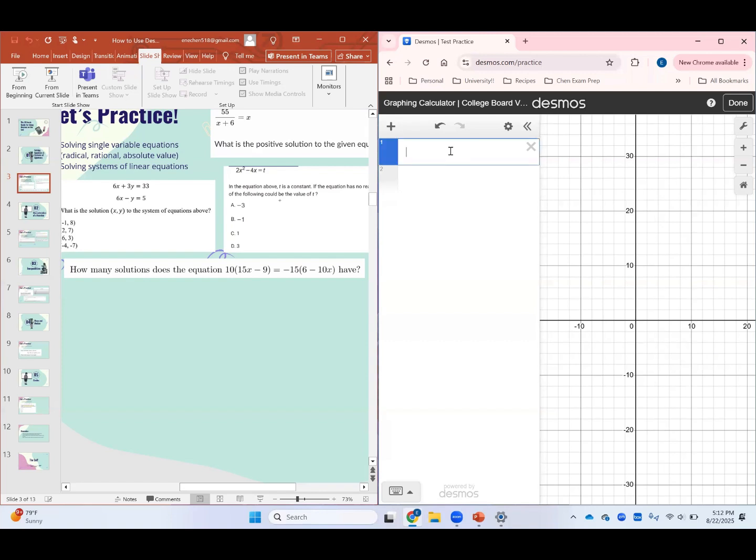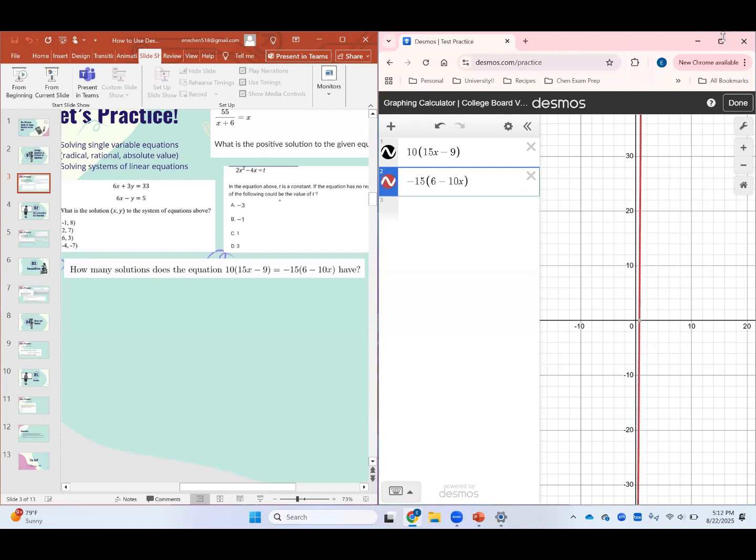So I'm going to go ahead and just put in the left side of the equation on one line. And you can do this by putting in a y equals in front if you want to make it like a function or a line, or you can put f of x, but it'll give you the same line, okay? So I have 10 times 15x minus 9, that's my left side. And then for my right side, I'm going to put in -15 times 6 minus 10x.